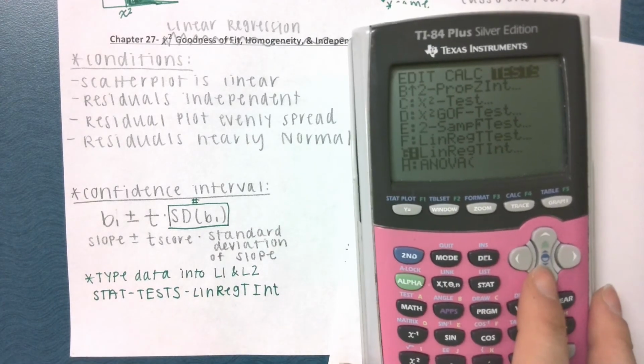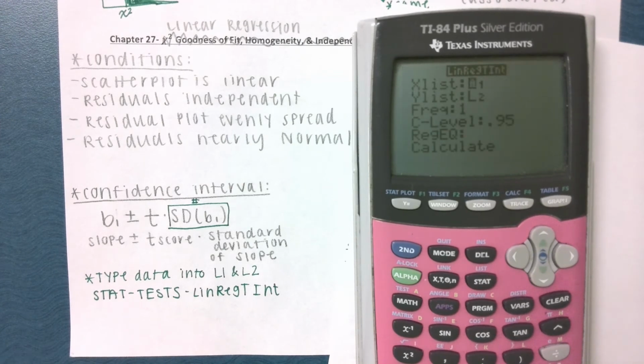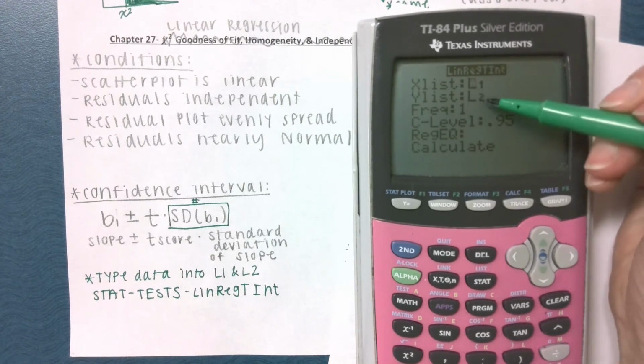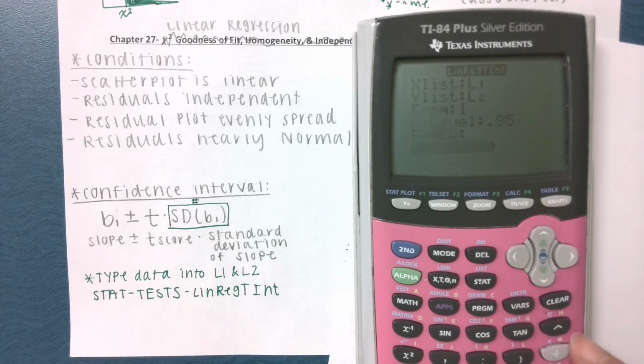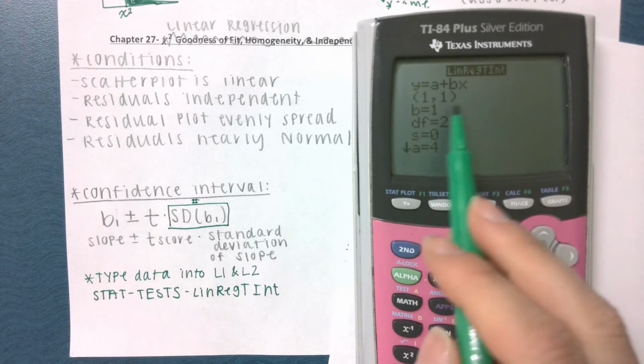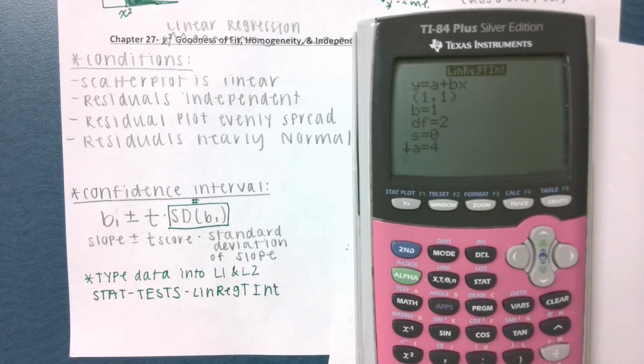We're still using that t-score. Your L1 and L2 should be where you have data. Frequency, you can leave it as 1 or blank. You'd put in your confidence level and then hit enter, and it's going to give you your confidence interval. Mine was perfectly linear, which is why the interval is just 1.